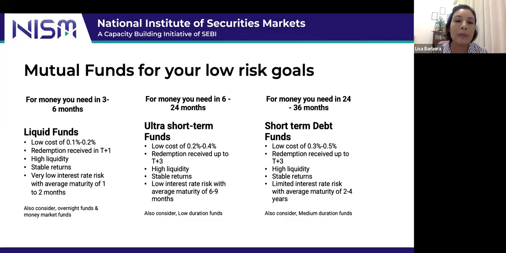Now, debt funds typically are just a portfolio of money market securities, government bonds, private corporate bonds, all put together depending on what kind of risk is there in the fund and what is the time horizon of investment. Liquid funds are the most basic, lowest risk, where you are just parking your money. And usually liquid funds invest in money market securities with up to 60-day maturity.